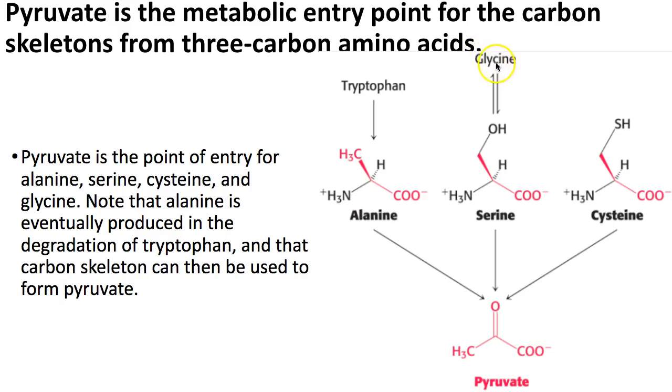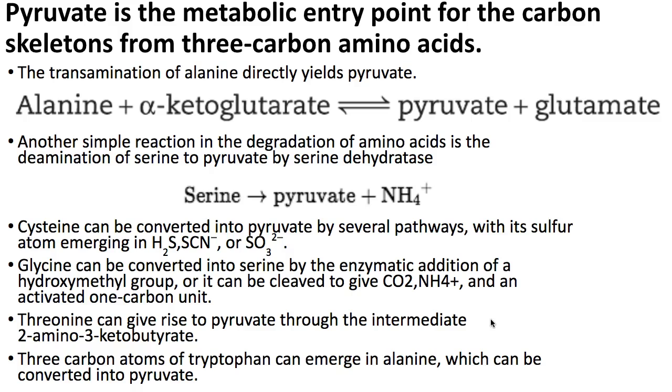Then glycine can be degraded to serine, which can be degraded to pyruvate, and cysteine can also degrade to pyruvate. And so alanine goes through a transamination with alpha ketoglutarate to form that pyruvate I mentioned before. It also produces glutamate.